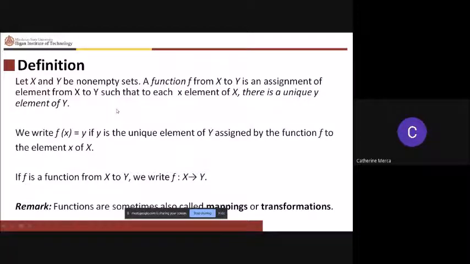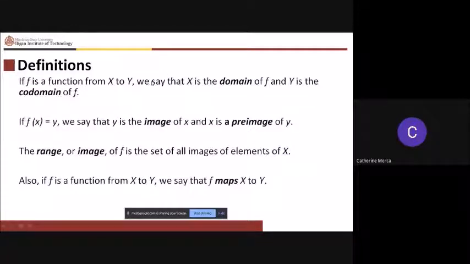Anong ibig sabihin niya? So, ang tawag dun sa first set is your domain, yung X. Ang tawag sa set where it is mapped is your codomain. Set Y is your codomain. Those values in Y which have a mapping from X is what we call your range.